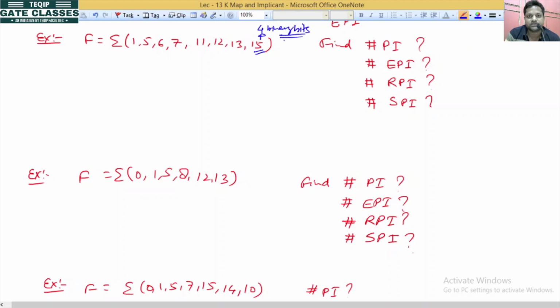For 1 bit, 1 variable is required. So for 4 bits, 4 variables are required, so it will be a 4 variable K-map. So I am going for a 4 variable K-map.